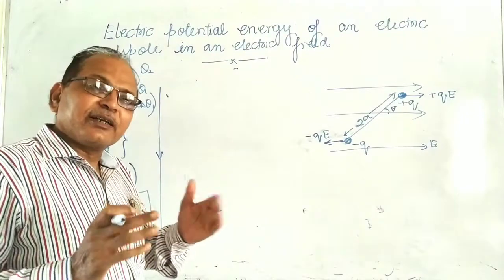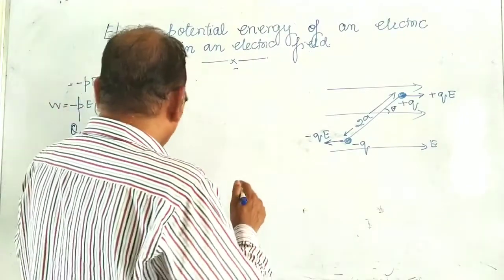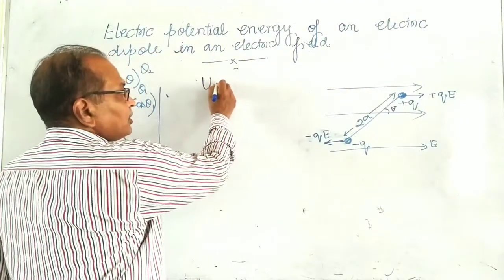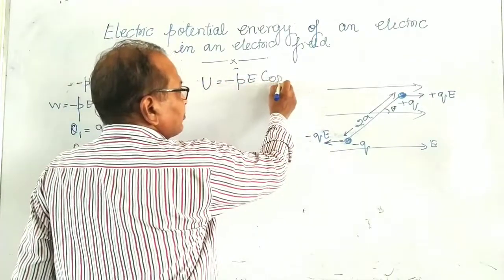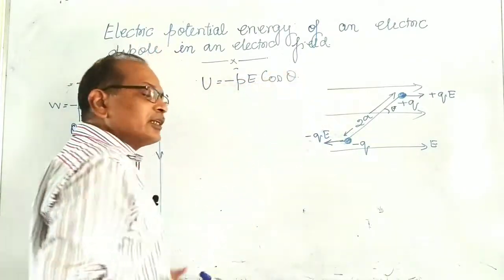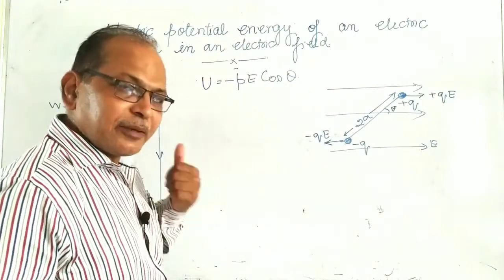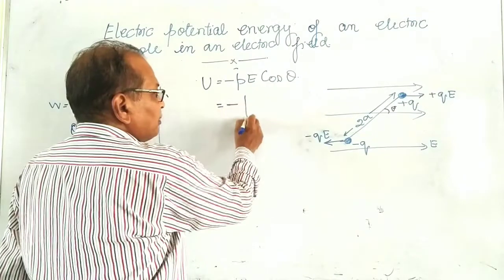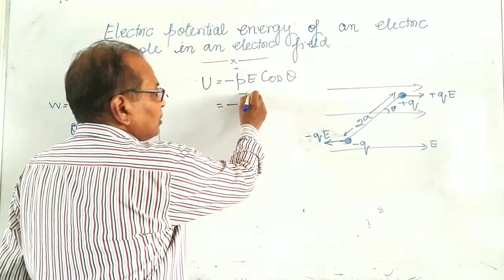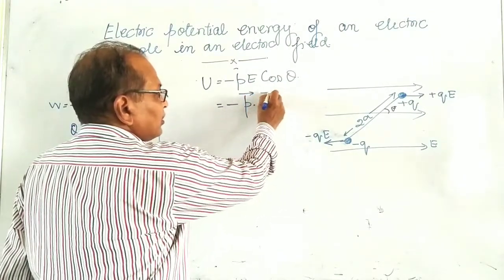In terms of vector representation, the total potential energy is minus PE cos theta, which you can write as minus P dot E vector.